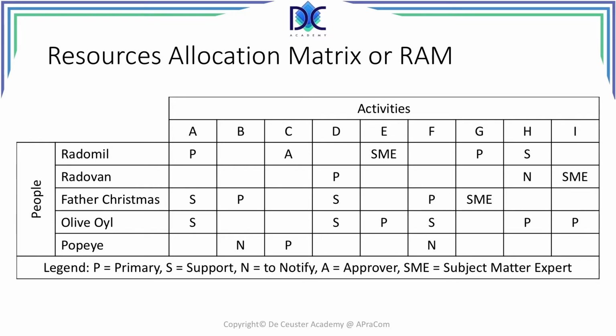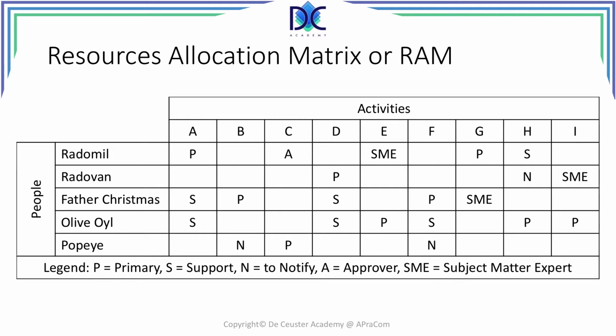In our case, P is primary, or the leader of the task or the activity. S is in support of the primary. N is the person or group or stakeholder to notify. A is the approver, and SME is the subject matter expert.